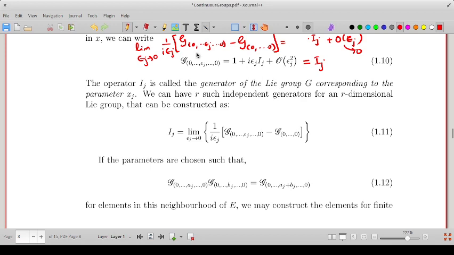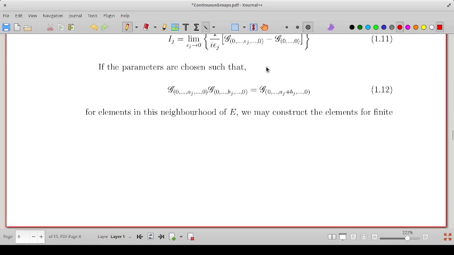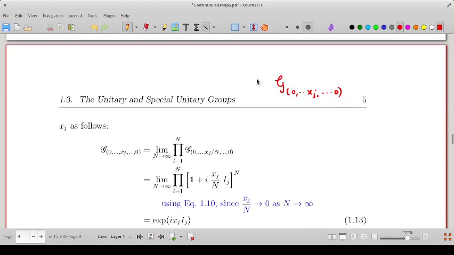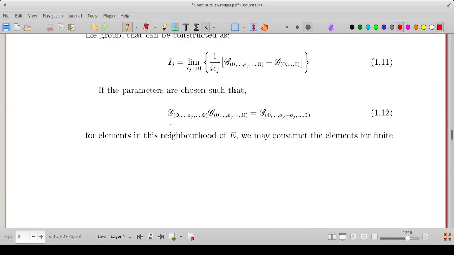In terms of the generator, I can write this as this equation. However, when this is finite, what can I do? So this is where I assume that I am able to find the parameters in such a way that they satisfy this condition. That is, while taking the composition, the parameter values simply add up.